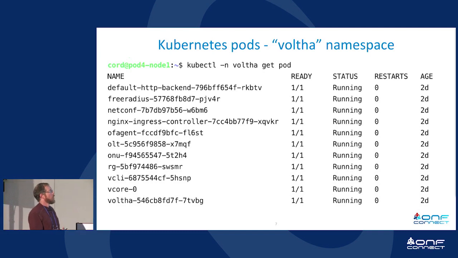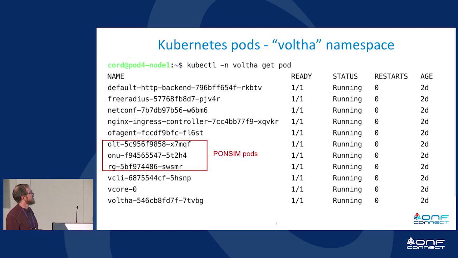So when you install SEBA-in-a-Box, it sets up a bunch of Kubernetes pods. And in the Volta namespace on Kubernetes, these are the pods that are running. Most of them are standard Volta pods that are installed with any Volta installation.